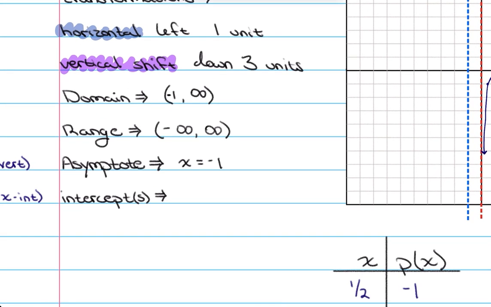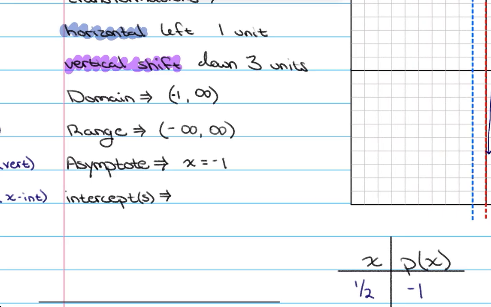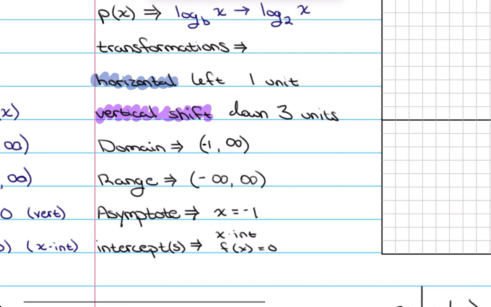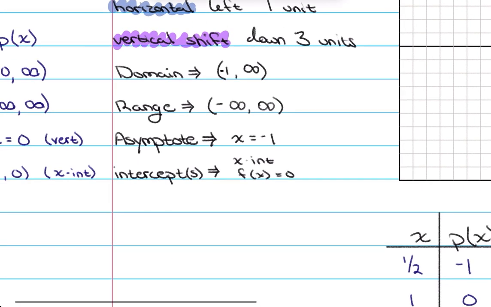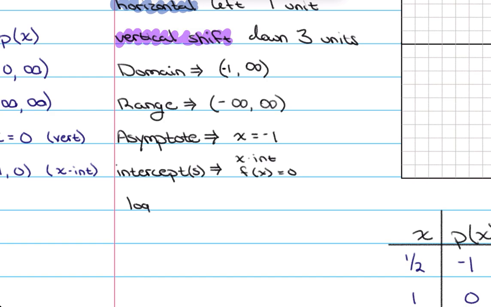Intercepts, all right. X-intercept: remember, when you were looking for the x-intercept, that means that we will find f of x equals 0. So we're going to set our function equal to 0 and solve. So if I set this equal to 0 and solve, I am going to get log base 2 of x plus 1 minus 3 equal to 0.